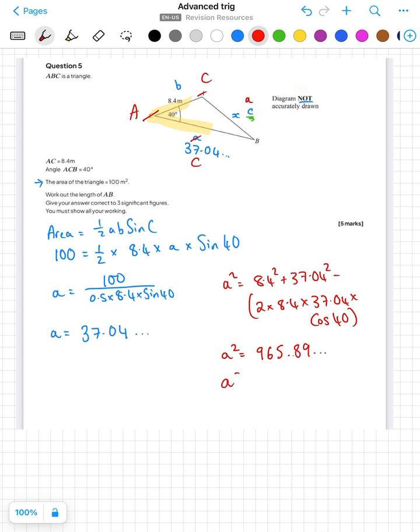Remember, that's A squared, so we have to square root that. So square rooting that gives a value for A of 31.078, and we want this to 3 significant figures, so 31.1 metres.